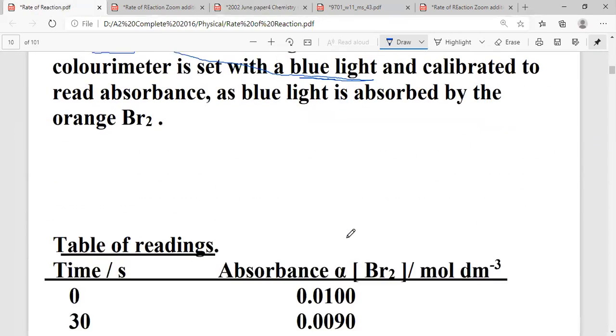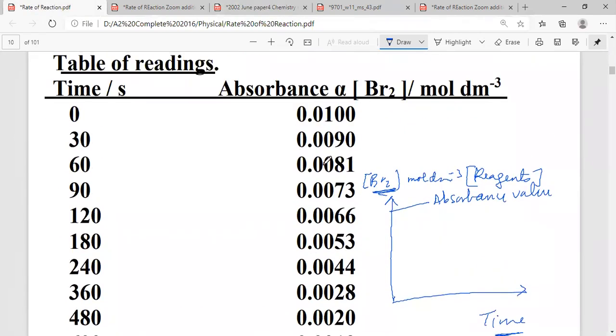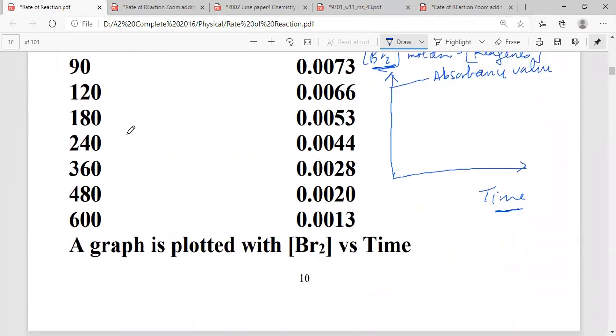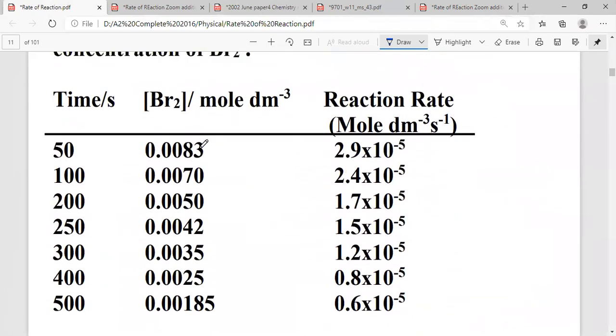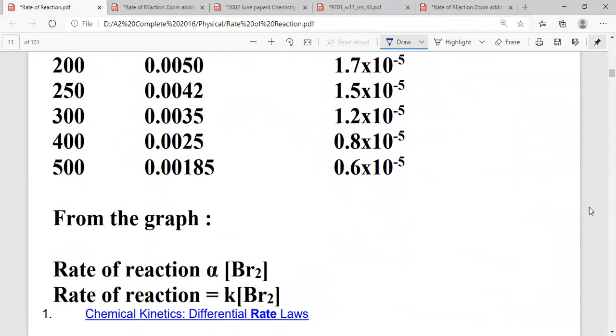So now I'm going to show you. If you want to plot this, you can try it. Absorbance of Br2 against time, and then later, I did it for you at every concentration of Br2, I found the gradient and found the rate. So if you plot now rate against concentration, remember, it's always rate and concentration.